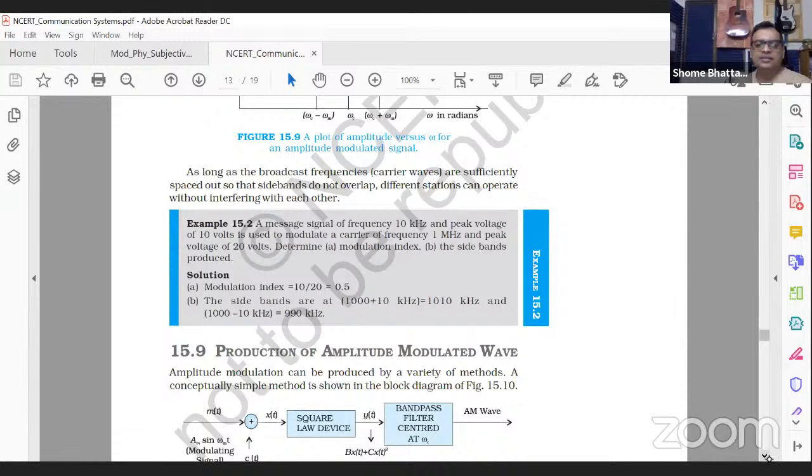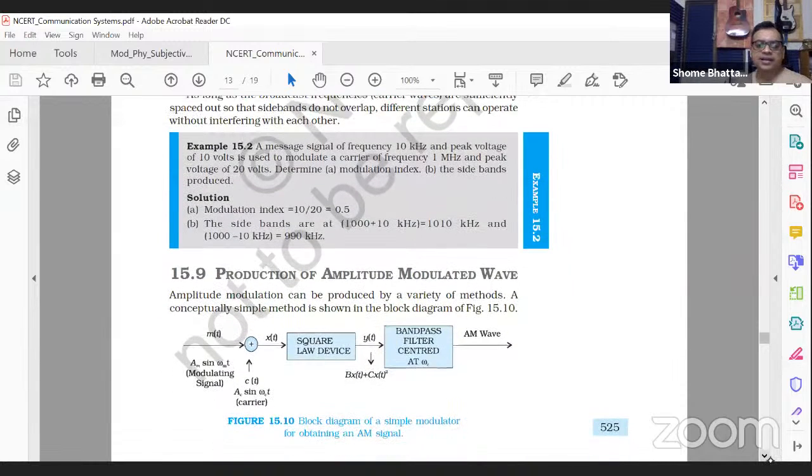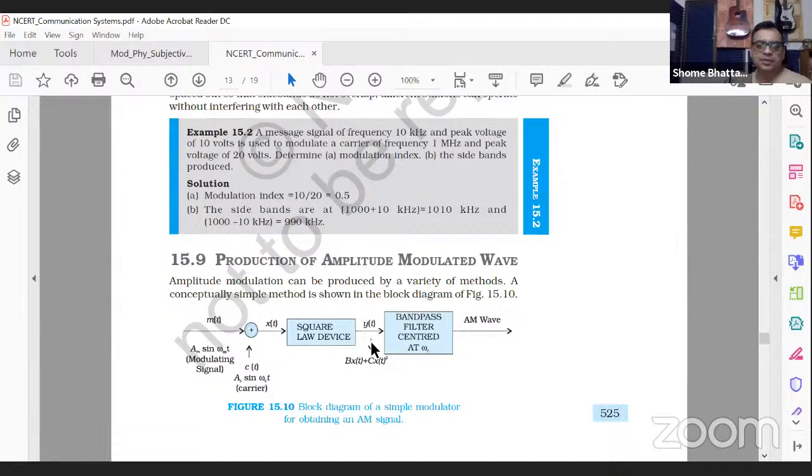Okay. And then they've given you a typical schematic diagram of a more complex amplitude modulation, where you have something called a function squarer. Basically, it's an electrical device where you input a certain signal, and it gives you an output which consists of a function of that signal. So, for example, if your x(t) is a sine function, then your output here will be some coefficient into sine plus some coefficient into sine square of x, like that.